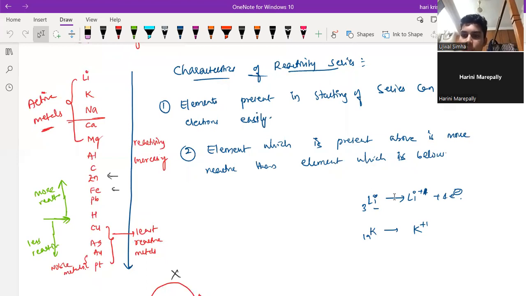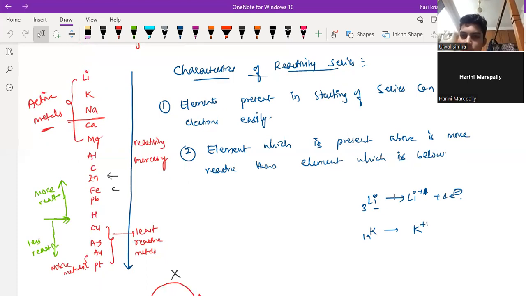Whichever elements are at the start of the series are more reactive, and whichever are at the end are less reactive. I have written wrong here. Reactivity will decrease as you go from top to bottom. Mistakenly, I have written increasing. The starting elements are more reactive, and the last elements are least reactive.